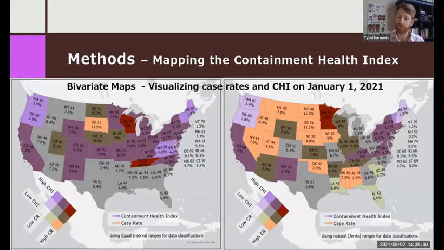And then I also made 2 bivariate maps. And they actually visualize the same thing, case rates and the Containment Health Index on January 1st, 2021, but it uses 2 different classification methods. On the left, it uses the equal interval ranges, and on the right, it uses natural breaks.